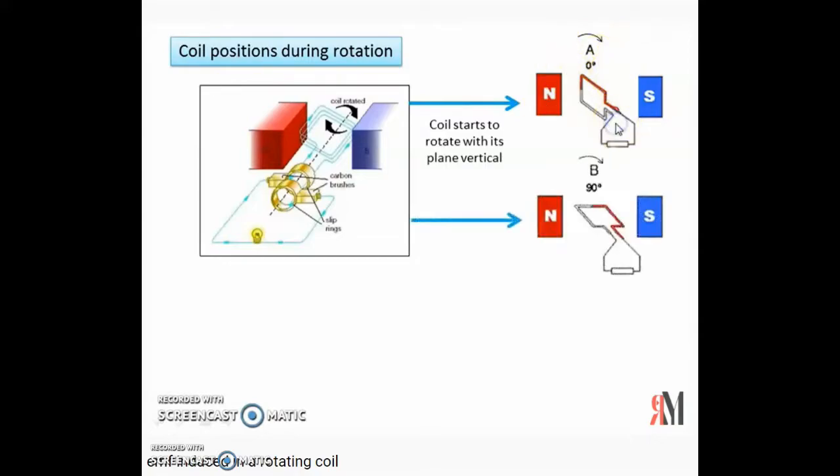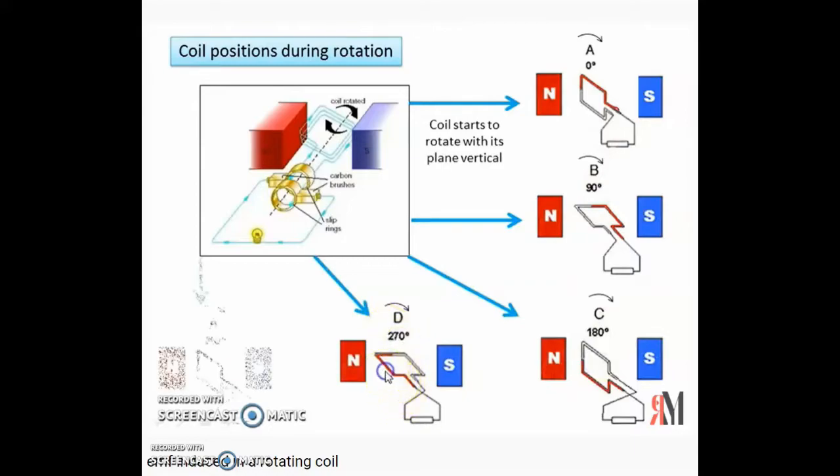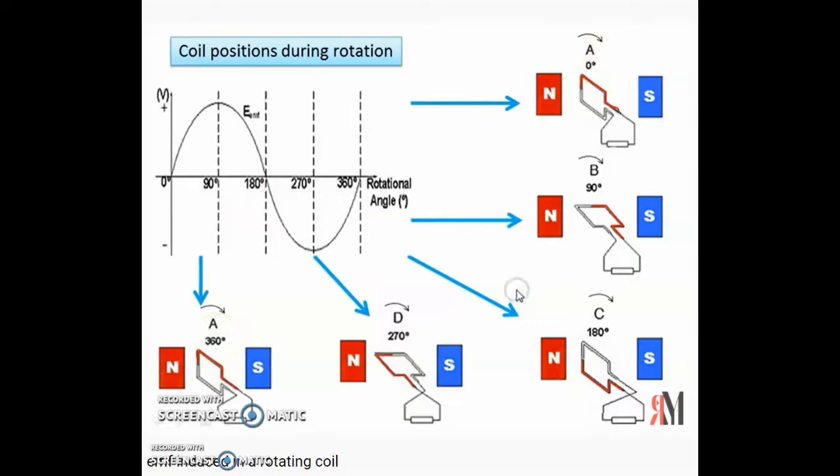Then B at 90 degrees, C at 180 degrees, D at 270 degrees, and the last, a complete rotation at 360 degrees, back to position A. We also discuss how the EMF is induced in the coil at each position.